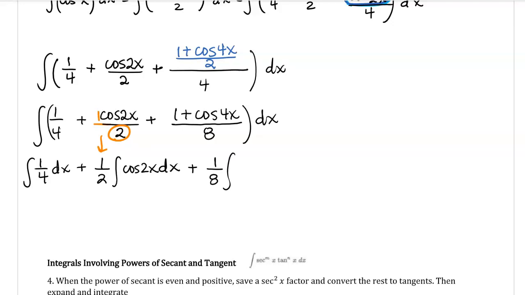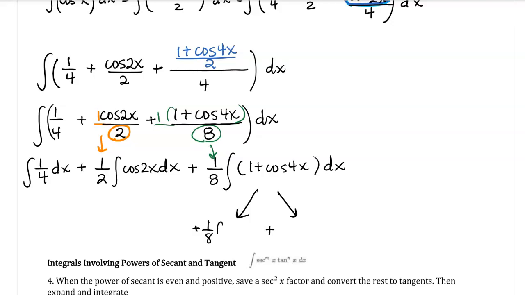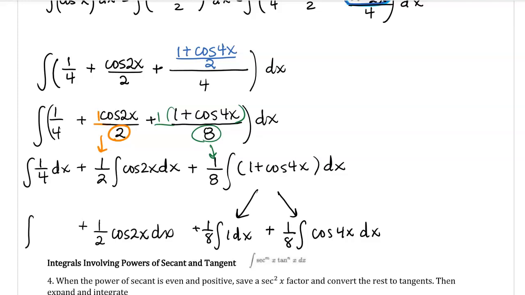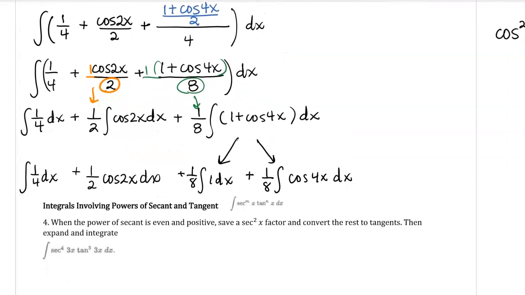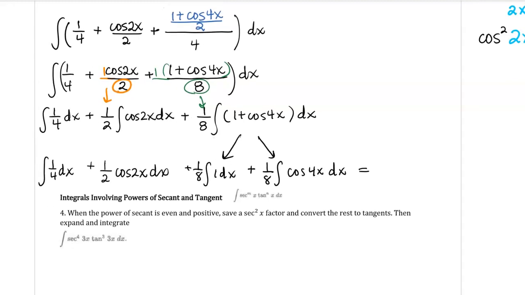So in other words, I could pull this 1/8 out in front, thinking of there being a 1 right here, and it would leave me with a 1 plus cosine 4x dx. And then I could separate this into 2 separate integrals, one with just a 1 on the inside, and one with just a cosine 4x on the inside. But you would have to make sure that you're bringing the 1/8 down with both of those. Some of you may not need to separate it down this far into all these individual integrals to be able to integrate it, but if you do, this is how it's done.